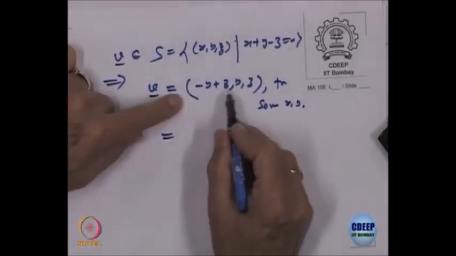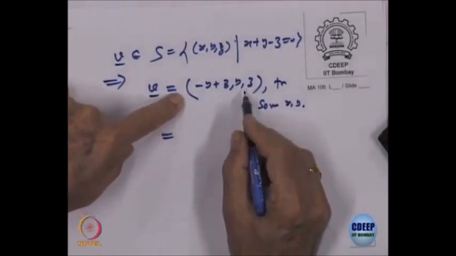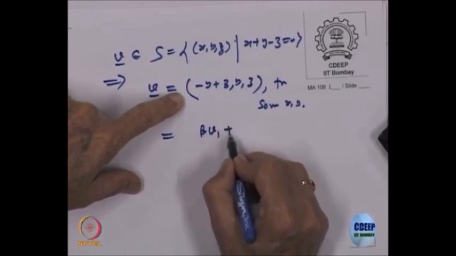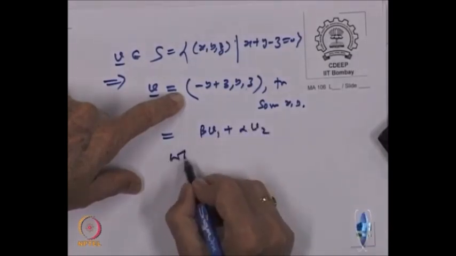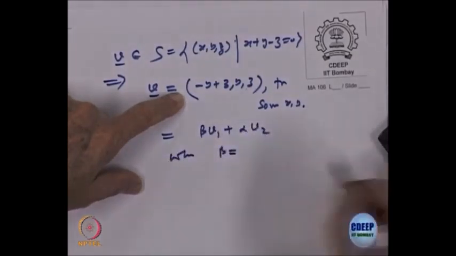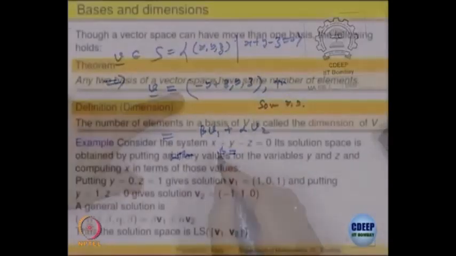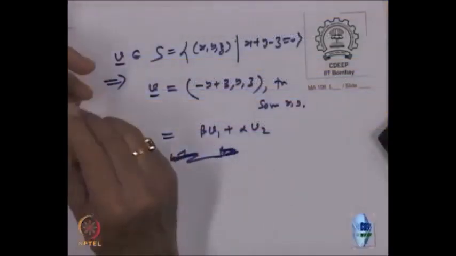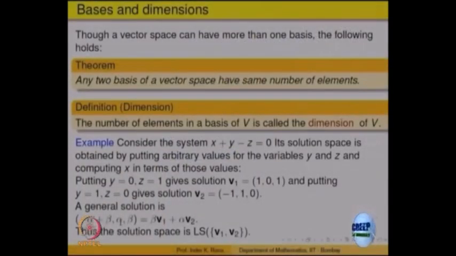So, can I write this in terms of V 1 and V 2? I want to write it as beta V 1 plus alpha V 2, as I have written there. What are alpha and beta? You can put alpha and beta arbitrary, it does not matter.